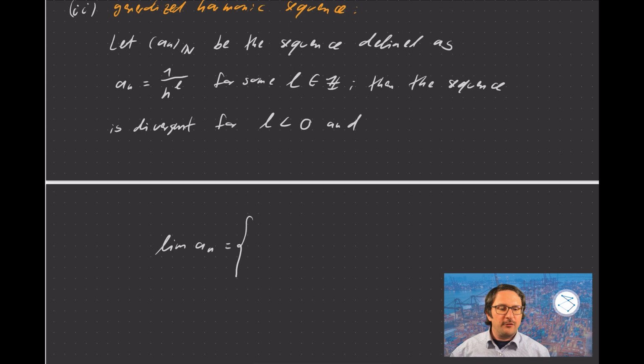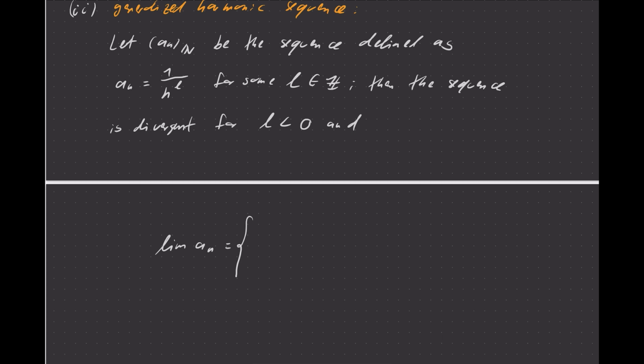We've seen 1 over n already. Of course, 1 over n squared, 1 over n to the third, and so on. Those behave in the very same way. So what we get is the limit is going to be 0 for positive L. If L is 0, then 1 over n to the power of 0 is 1 over 1. So that's a constant 1 sequence. And of course, the limit is then also 1.